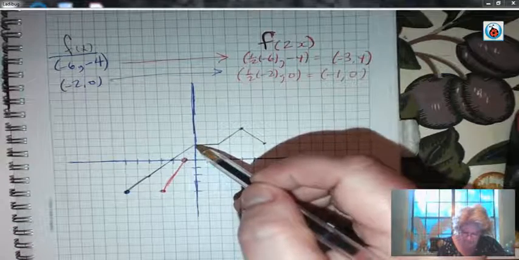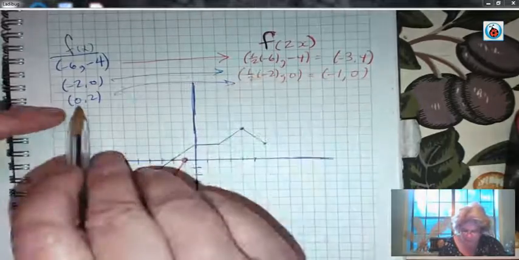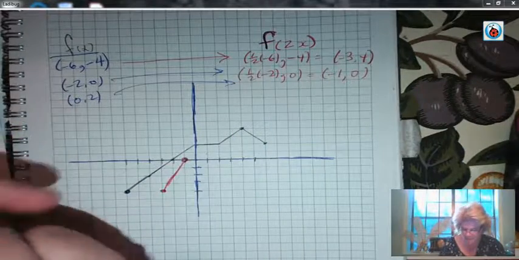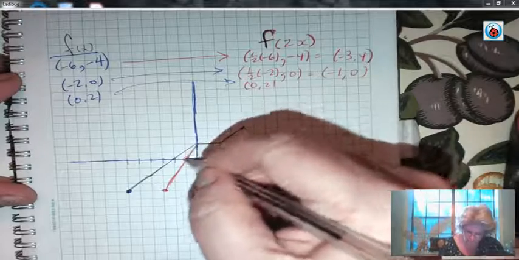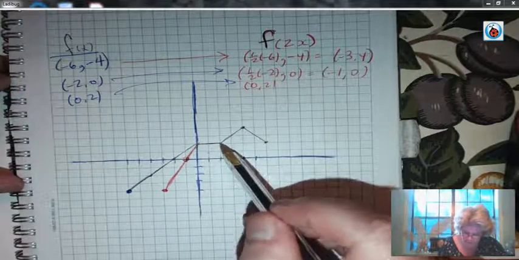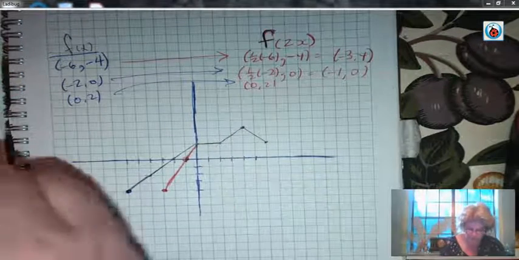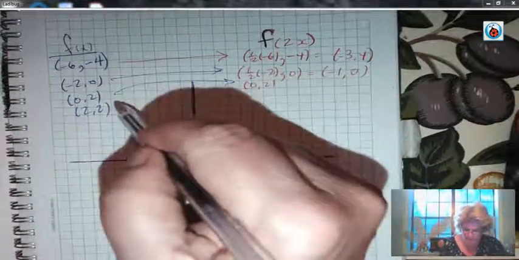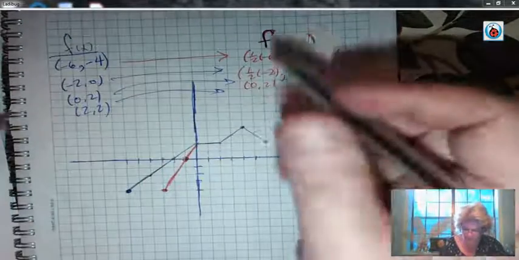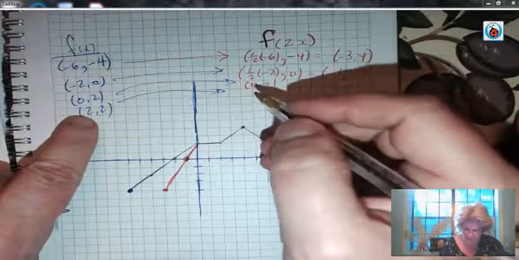That one's easy to identify. What is that? (0, 2). Well, if I multiply 1/2 times 0, I'd get 0. So I'll have the same point there. What about this? That's (2, 2). And in red, it's going to be 1/2 times 2.